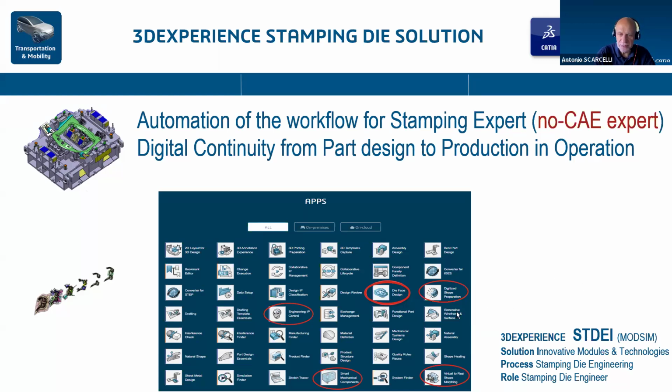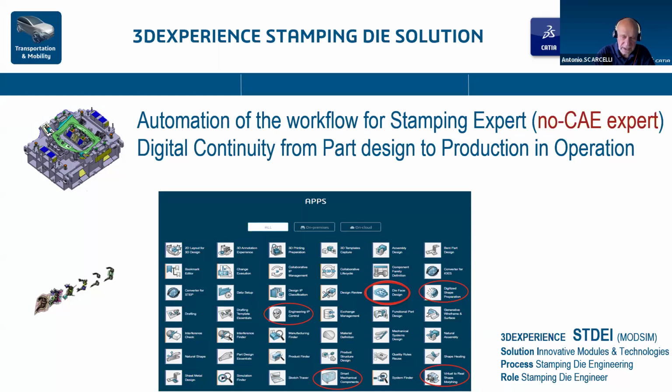And to do our job, in fact, we will work on STDI role. We will work mainly with die phase design. That is the application that will be demonstrated later. But we will also have the help of the engineering IP control, for example, for sharing information outside without disclosing our IP.